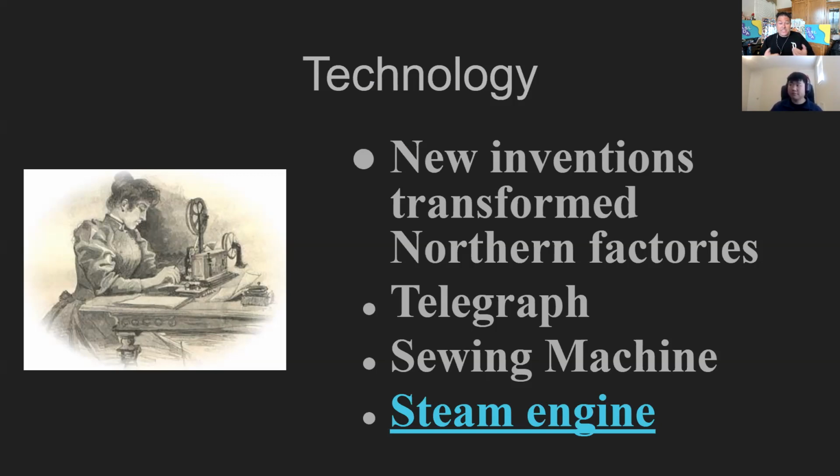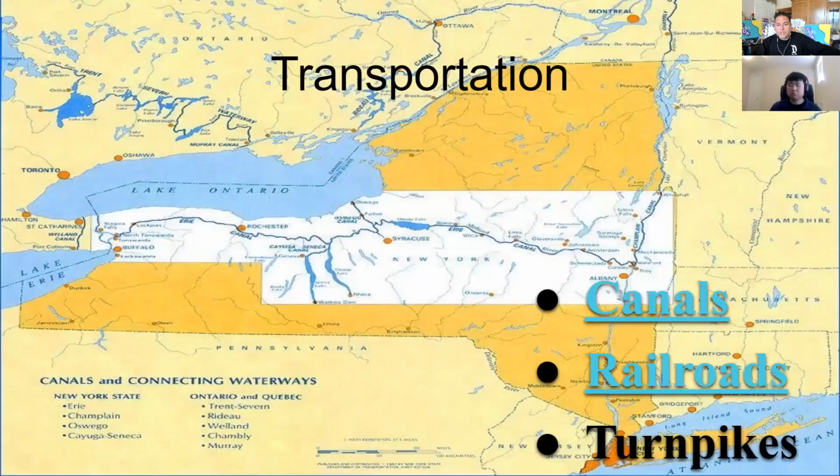The steam engine was initially used not for ships going across the Atlantic Ocean, but just for ships going up and down rivers. The steam engine would later be used for railroads as well. It was instrumental in transforming the transportation industry, because it made the movement of goods much faster, either by boat or later by railroad.